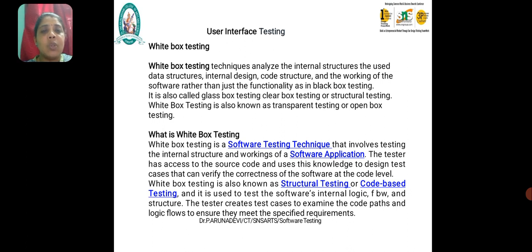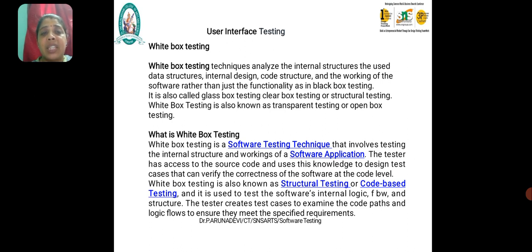It has access to the source code and uses this knowledge to design test cases that can verify the correctness of the software at the code level. White box testing is also known as structural testing or code based testing because it shows the internal structure as well as the code.